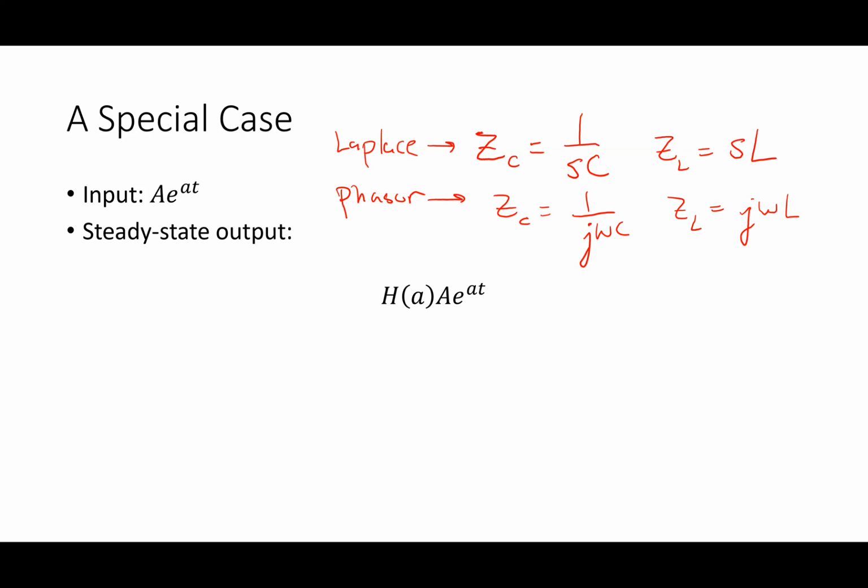But again, it relies on some deeper math. In the special case where I have A e to the AT, some constant times e to the AT as an input, so if I had a circuit with a voltage source of e to the AT as my input, and this circuit has a transfer function H of S, right?